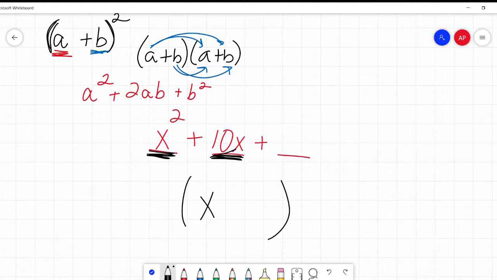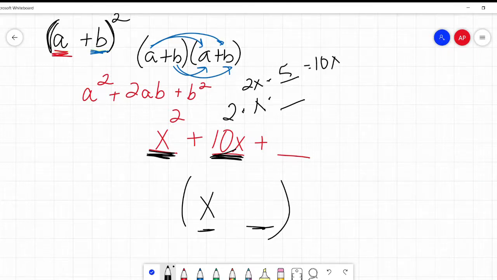10x, this middle term would be 2 times my first term times my second term. 2 times x is 2x. 2x times what equals 10x? Positive 5. So I'm going to write positive 5 there.